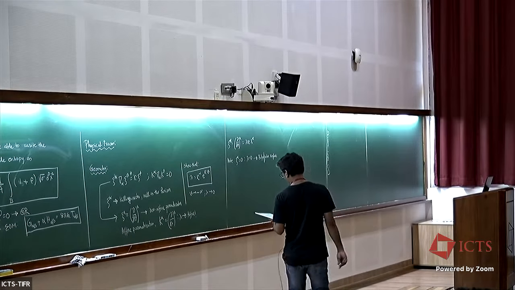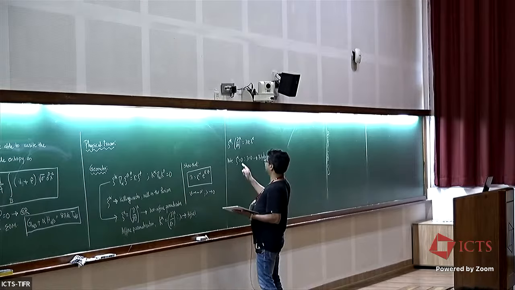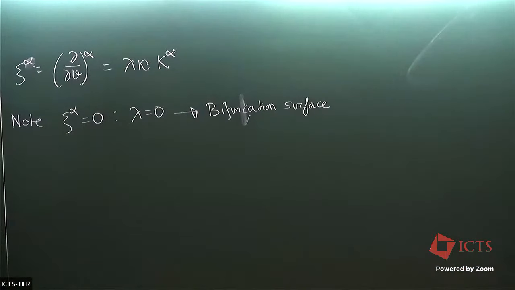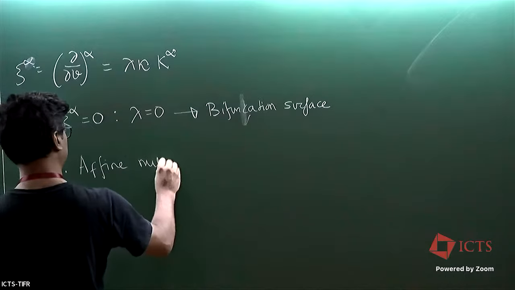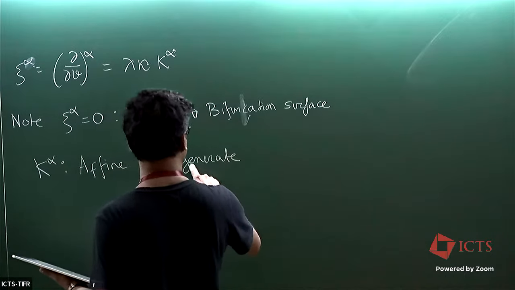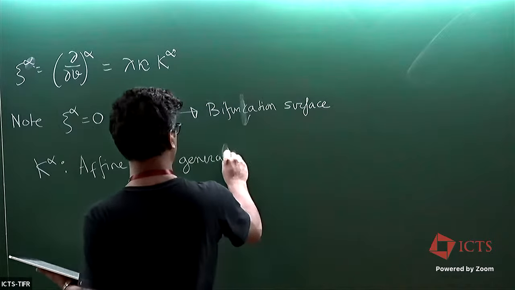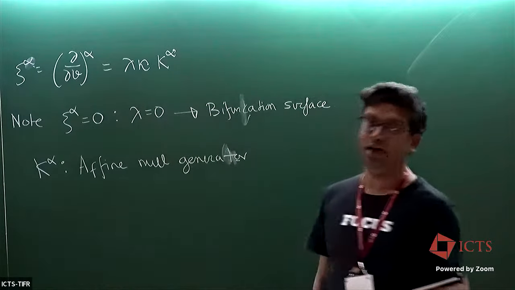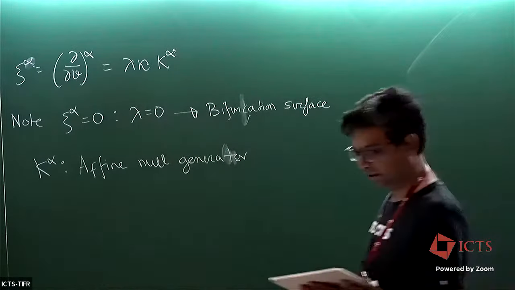Now, just like we did with the xi, K^α is the affine null generator. By definition, that is the generator which is hypersurface orthogonal to the horizon.